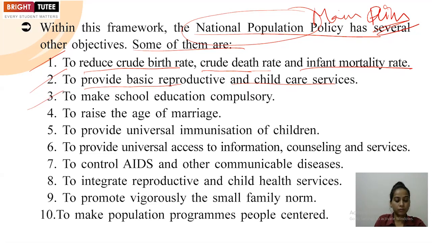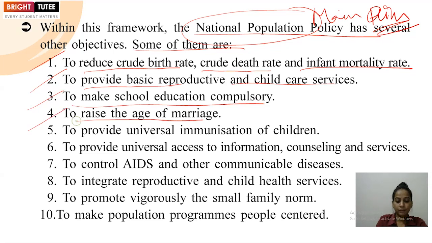Third objective is to make school education compulsory, where the people are getting education and coming across ideas, where they are able to understand the importance of education when they are getting the knowledge. The KAP program was also started. So they want more and more children to be part of this education.